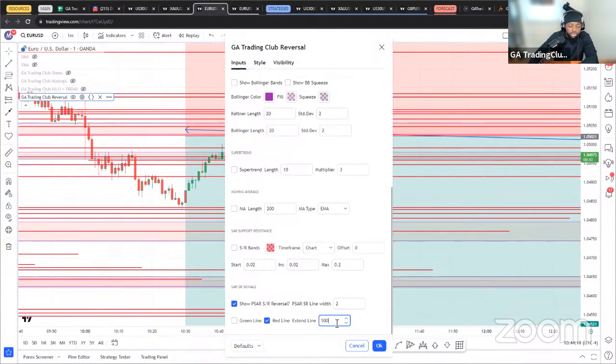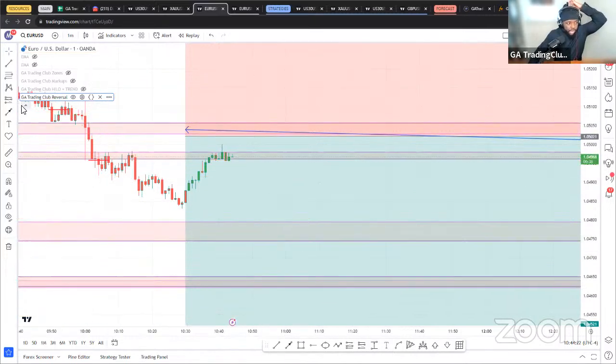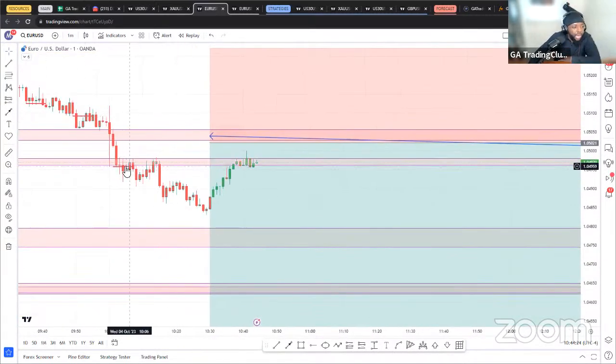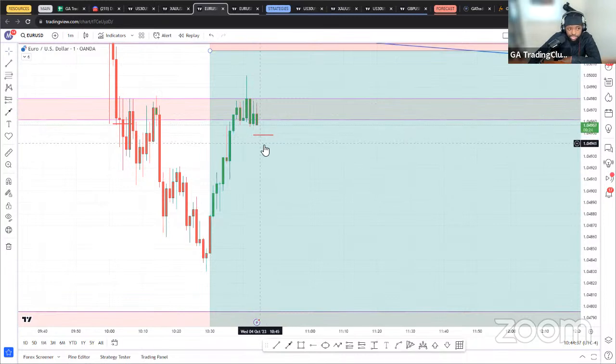On EU, I would just wait for the same thing that happened here. You see this live SAR? I would wait for a live sell SAR to be created, and I would wait for 2 1-minute candles to close below there. You see, so there it is, that live SAR. So I would wait for 2 1-minute candles to be created, and then I would sell EU.